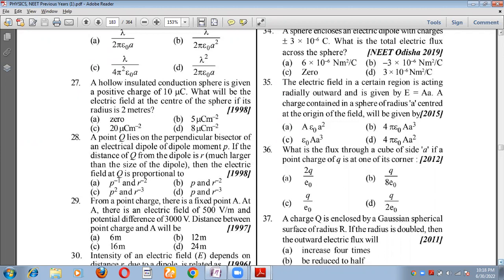That is nothing more than that. So Krishna says the answer is D. Anyone else?